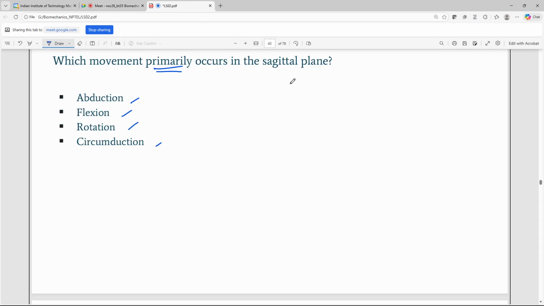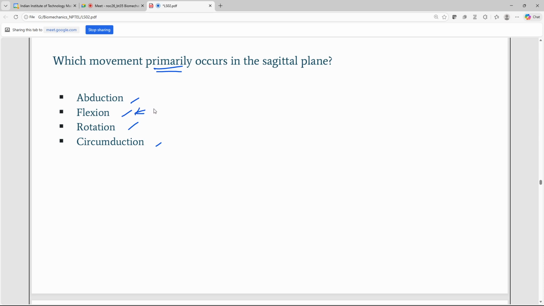Yes, that is flexion. Whenever questions like this come, there will be confusion between the movements, but try to think in reverse, in the opposite fashion. Try to find more than one example of motions occurring in the sagittal plane.